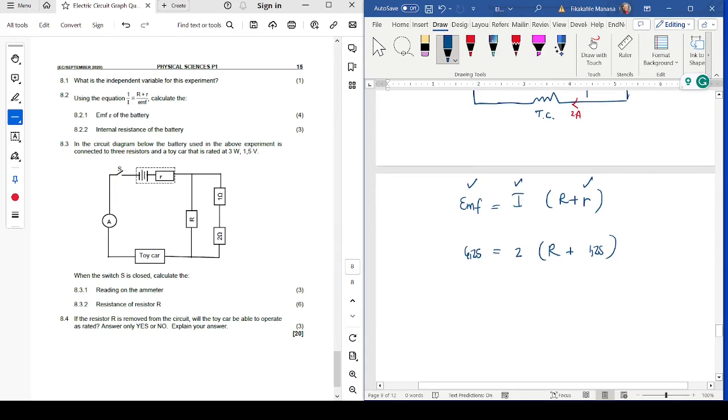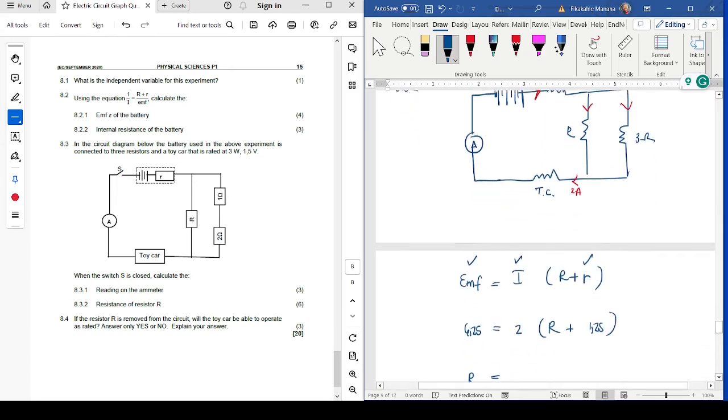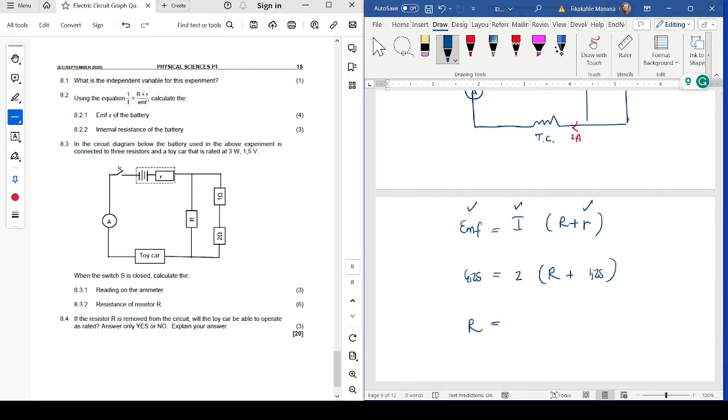Now we need another equation. Okay, no, we don't. We can just calculate what the external resistance is in this case, which is not this R, by the way. Let me just say R external so that we know exactly what we are talking about and we don't mix things. Now we think we are done. This is 6 marks.